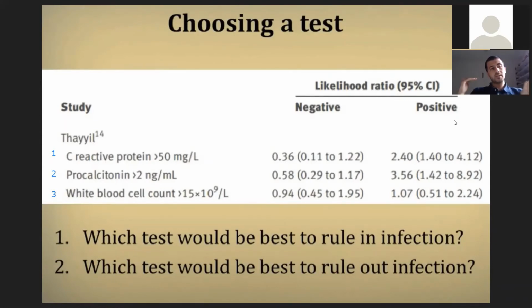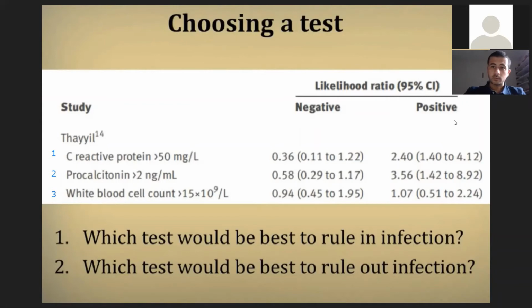Because when I have a positive test, I need the specificity to be high. Remember that the positive likelihood ratio is related to specificity, so the higher the specificity, the higher the ratio.